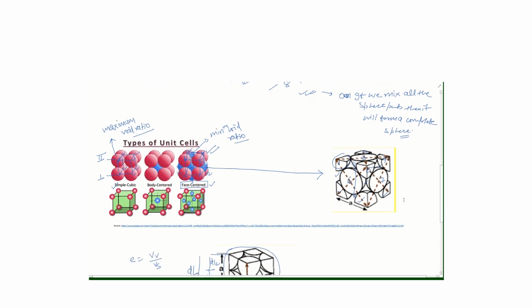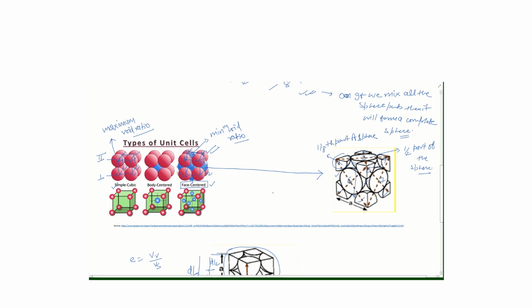So if we count how much each sphere is contributing to this unit cell, we will find that we have 4 different ones on the upside and 4 on the downside. These parts are 1/8 part of one sphere, and this is the half part of the sphere. So for making one complete unit cell, how much sphere is there?